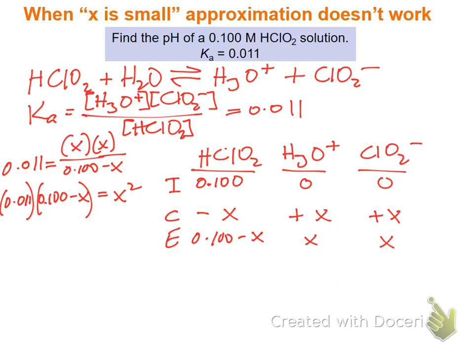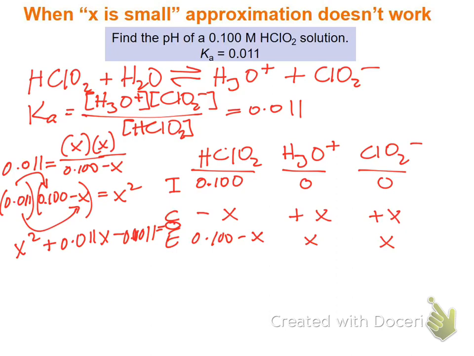Then we use the distributive property here: 0.011 times 0.1, and then 0.011 times negative x. So we get x squared plus 0.011x minus 0.0011 equals 0.